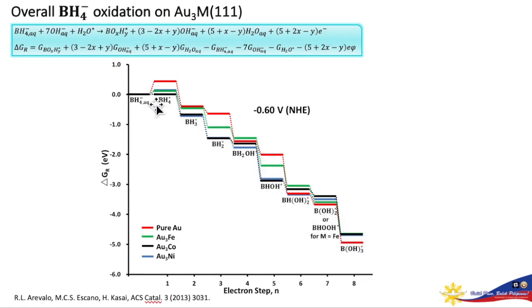You can see it clearly for the case of the black plot here, which is for the alloy of gold and cobalt. For the case of pure gold, at this particular electrode potential, the red plot shows that the initial oxidative adsorption of borohydride still proceeds endothermically.